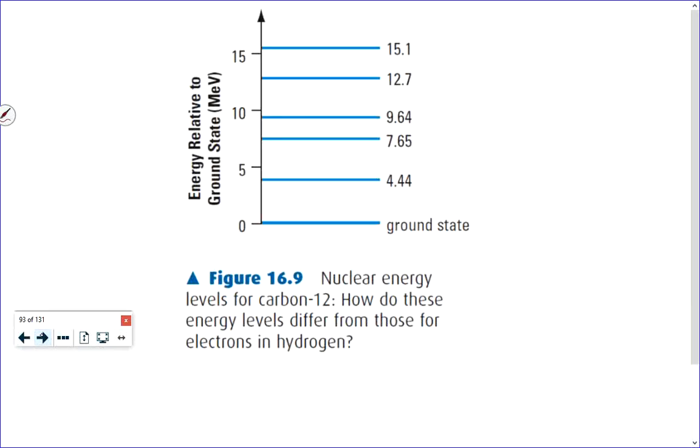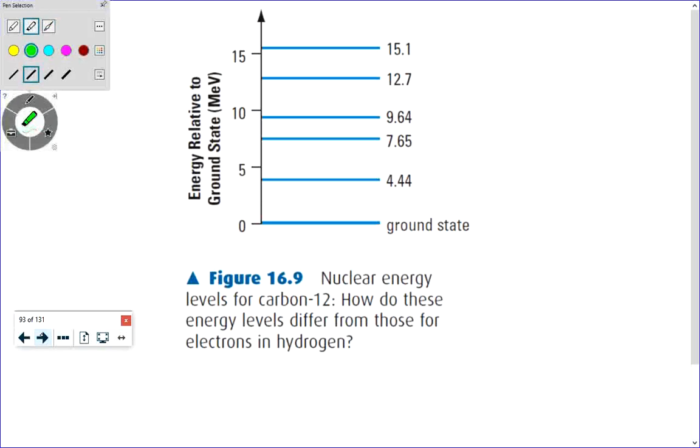So here's an energy level diagram. It's a nuclear energy level diagram. It's not an electron energy level diagram for carbon-12. And there's a question here that I want you to consider. This diagram is, by the way, purely symbolic. It's not saying this is what a nucleus looks like, right?